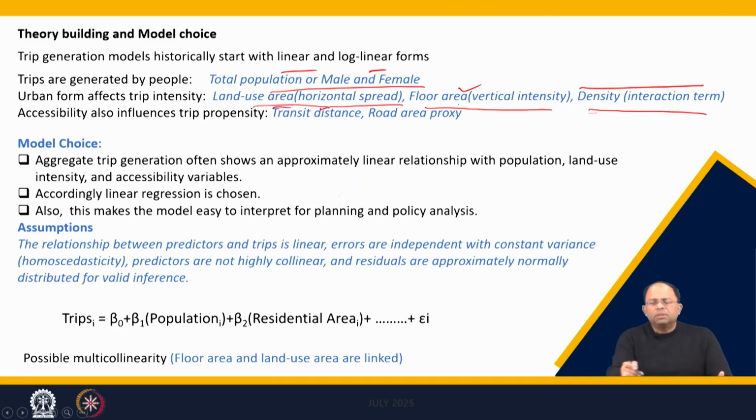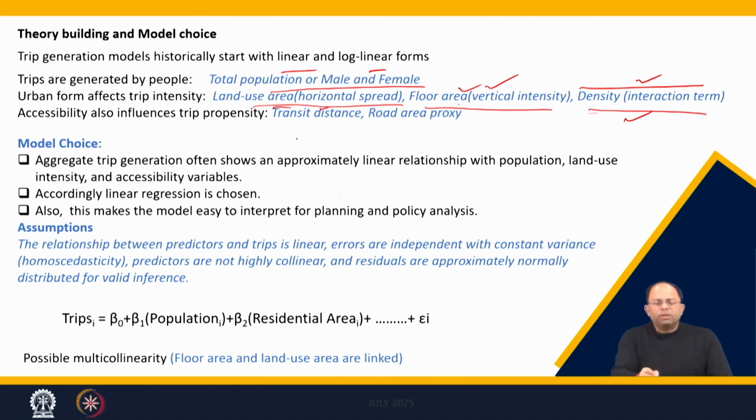If I am taking land use, the total floor area could be very varying, right? Land use could be fixed, but because the FAR value is very high, the number of people staying there is very high, and that would lead to larger trips. So density, because it takes into account both of these attributes, is a better term to consider.